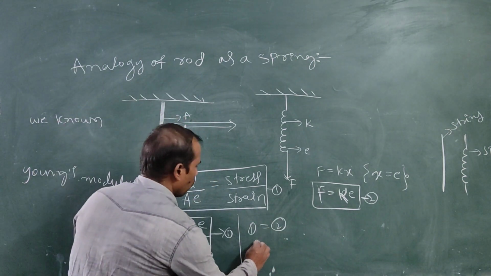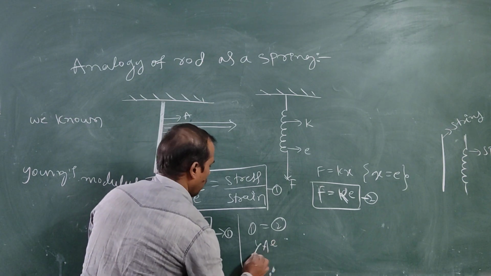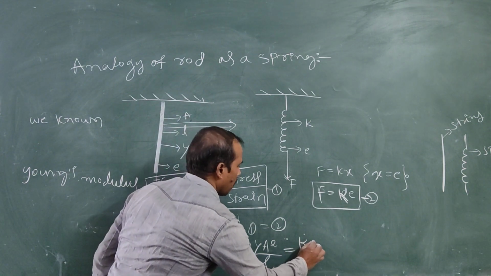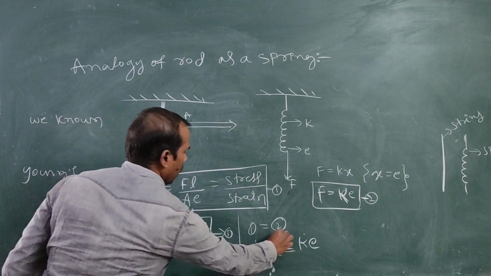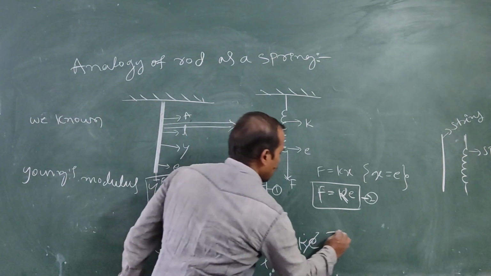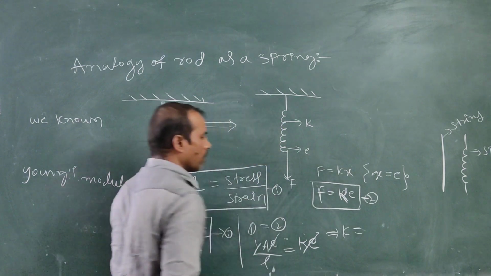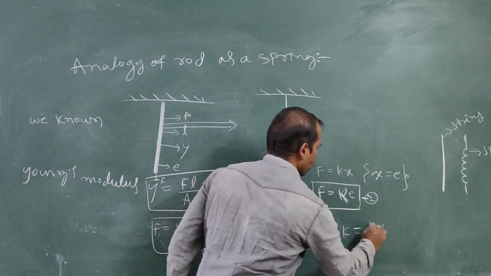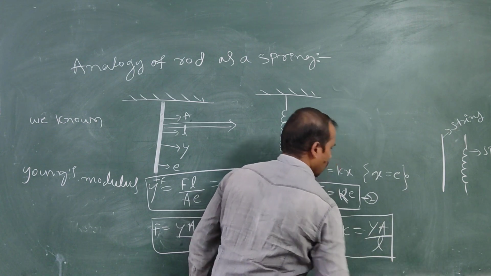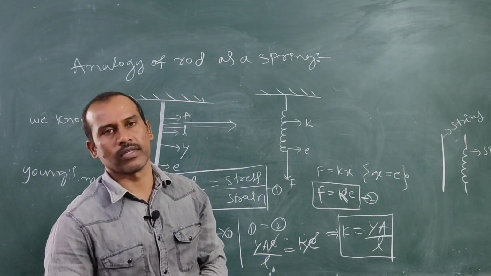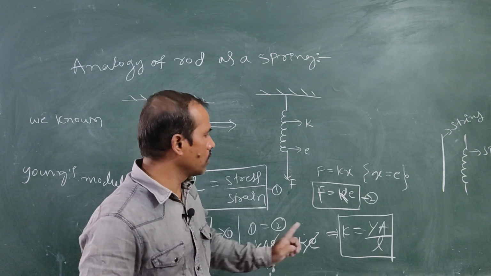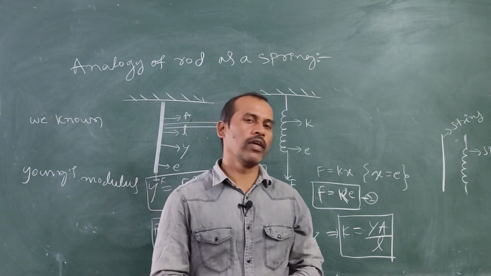Equation 1 means YAE by L is equal to equation 2, KX, that is K into E. Here E gets cancelled. So the force constant K is equal to YA by L. This is a constant, the force constant or spring constant. So spring constant K is equal to YA by L.